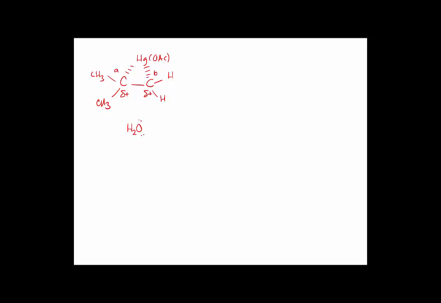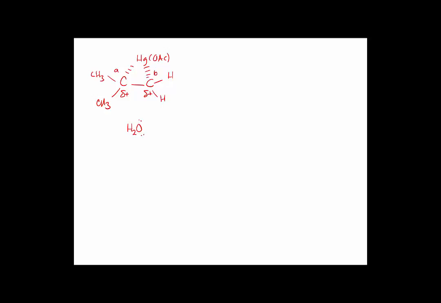SN2. So what sterics are in play with an SN2 reaction? The ones that react the fastest are the ones that are least sterically hindered, that are primary. So we look at this, and it has some characteristics of SN2, doesn't it? Backside attack, maybe sterics.